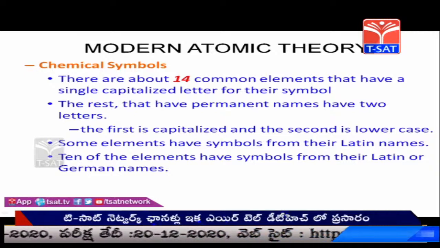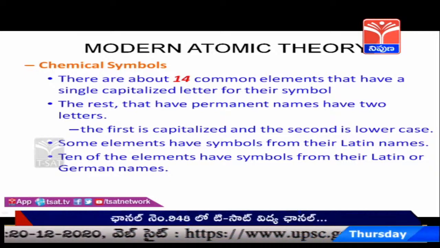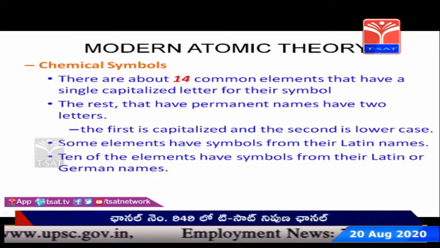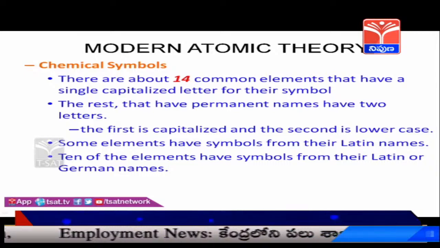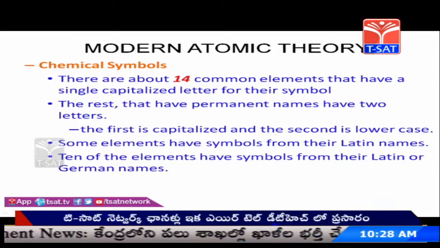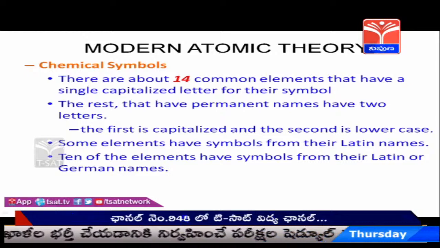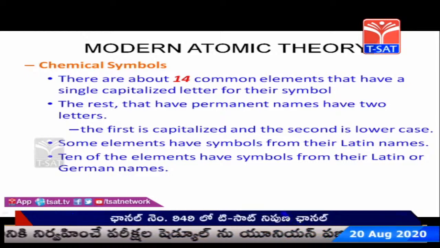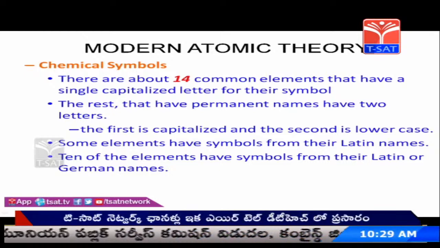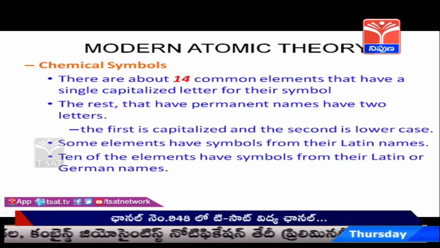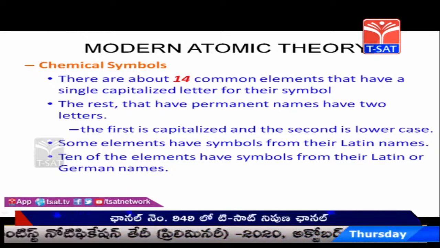Other than these 14, out of 112 elements, 98 elements have been given two-lettered symbols like Hg, Na, Mo, like that.